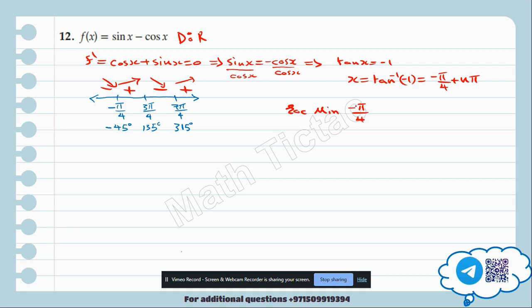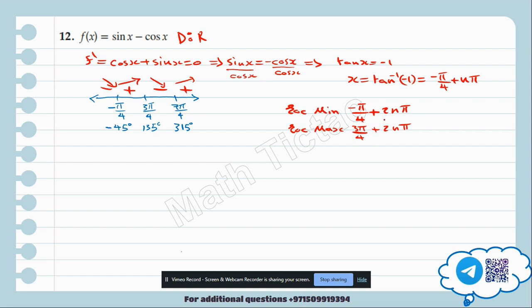Now, because this is repeated, the minimum is repeated every 2n pi, because in here minus pi over 4 was a minimum, then it will be a maximum, then a minimum again, then a maximum, then a minimum, etc. So plus 2n pi, the minimum will be repeated, and for the local max, it will be 3 pi over 4 plus 2n pi.